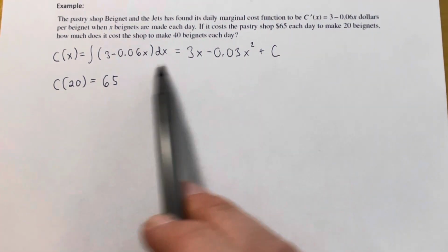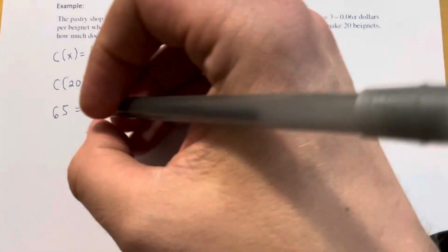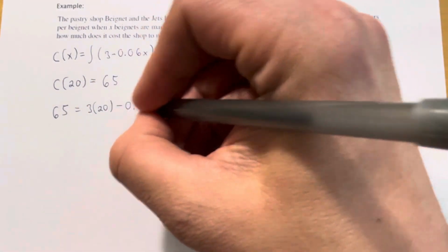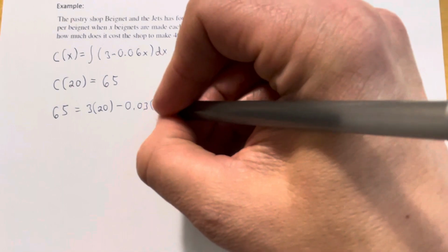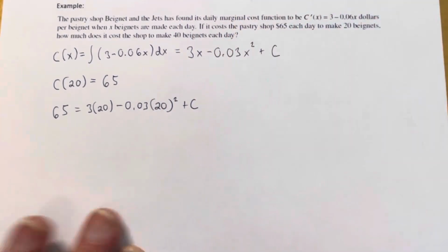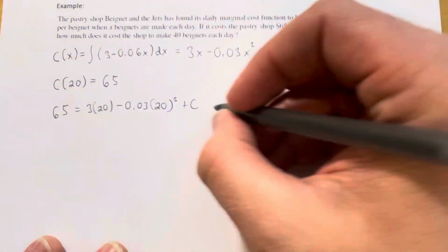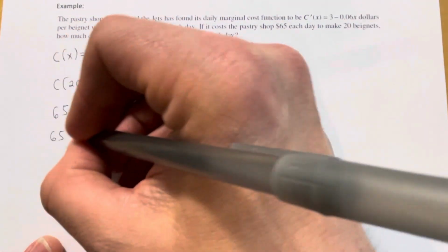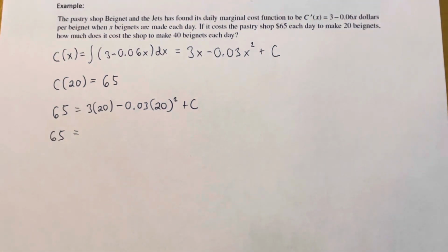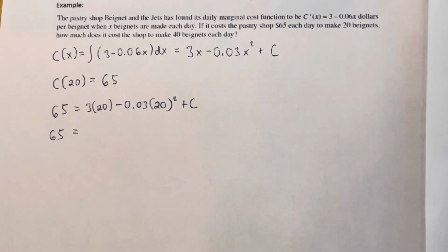So if we set this thing equal to 65, after plugging 20 in, so that's 3 times 20 minus 0.03 times 20 squared plus C. Do the arithmetic here. It's fairly straightforward. You can use a calculator if you need to, but you can do this without too much trouble just using some mental math techniques.